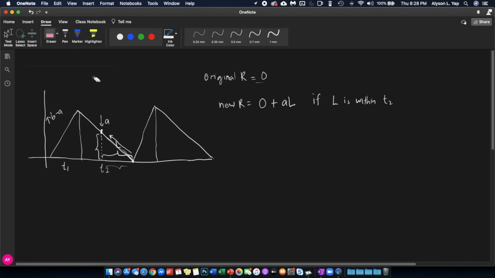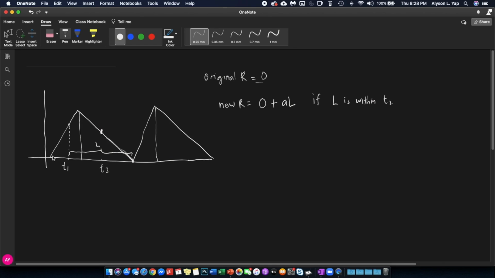On the other hand, what if your L is this long? Then you're actually looking for this point. And how do you determine this point? You can actually use two reference points.